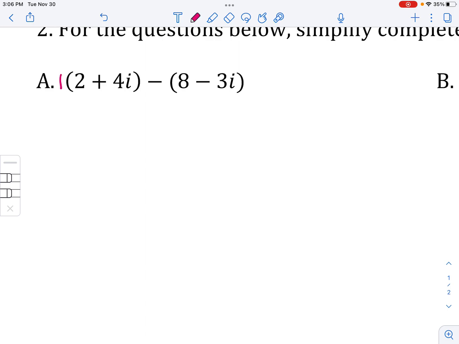If I multiply this 1 times 2, I get 2. If I multiply this 1 times 4, I get 4 with an i. So if you notice, what's inside the parentheses and the result of that is exactly the same. When there's just a regular old 1 in front, it doesn't change anything inside the parentheses, so I can just drop that out. Remember, parentheses serve two things.